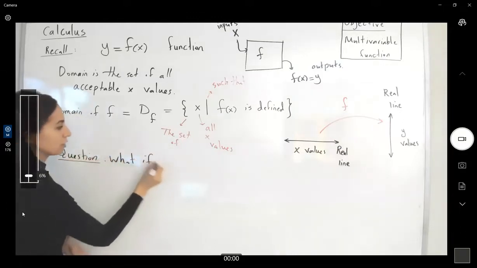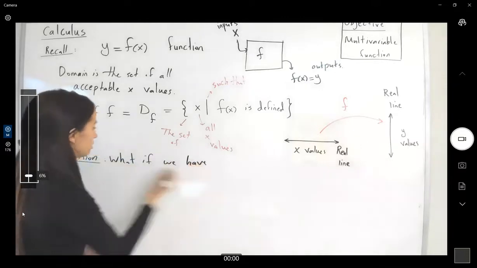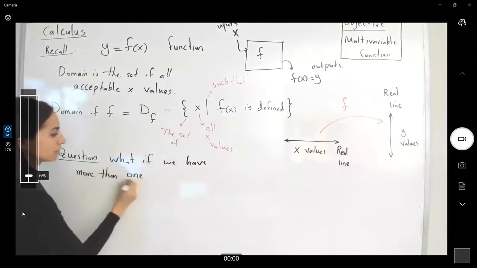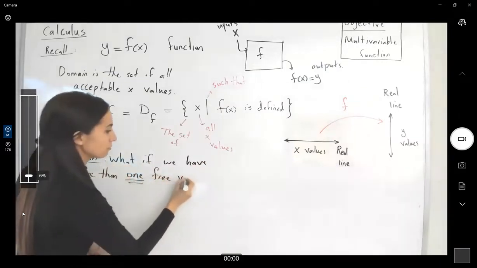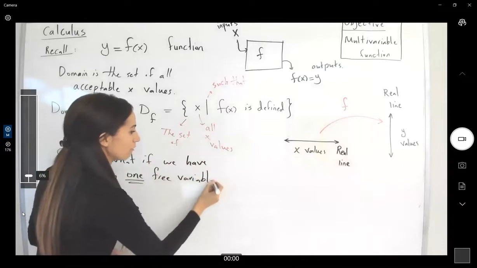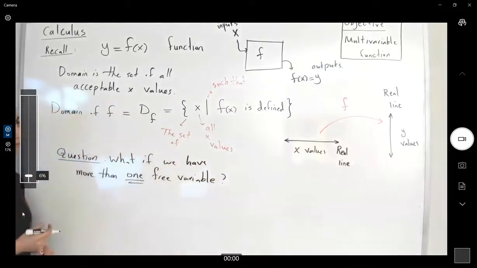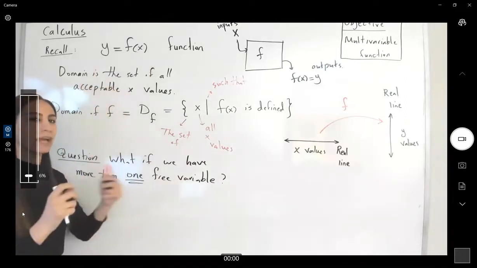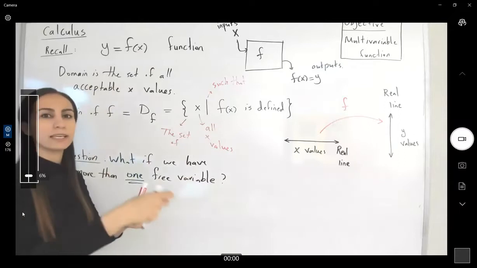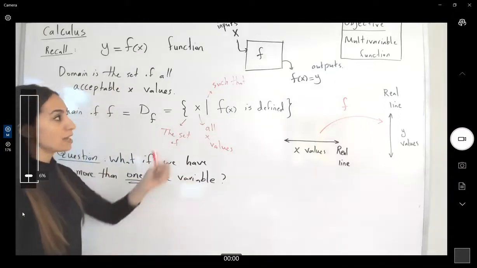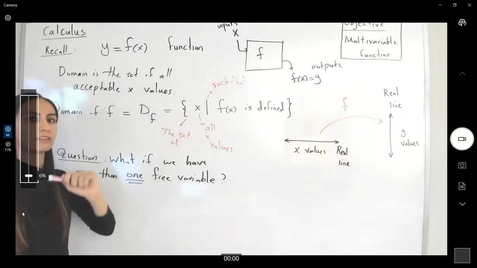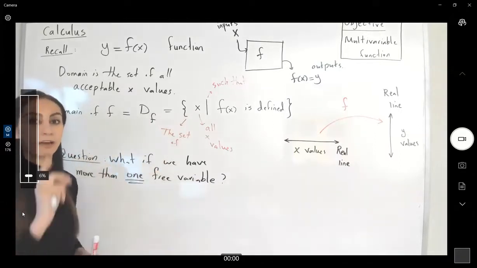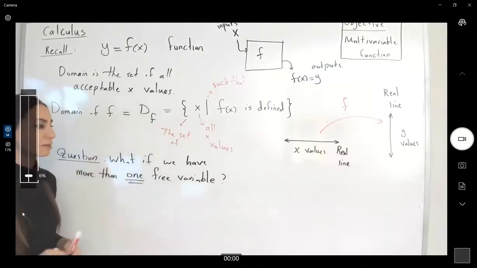Question: what if we have more than one free variable? Here you have just one free variable, your x values. You can plug in different values for your x, and the acceptable ones actually define the domain of your function. What if you have more than one free variable?